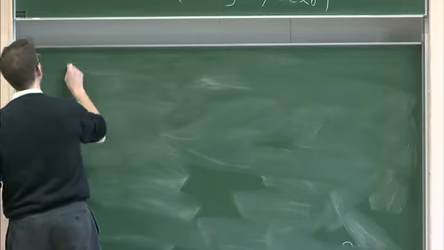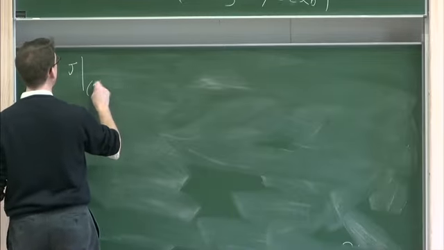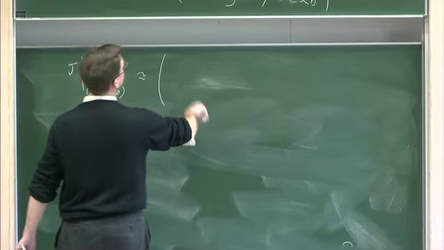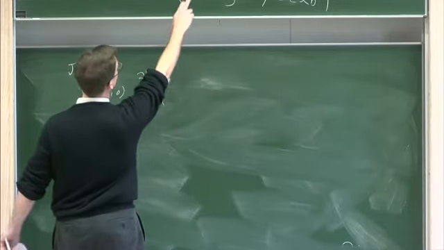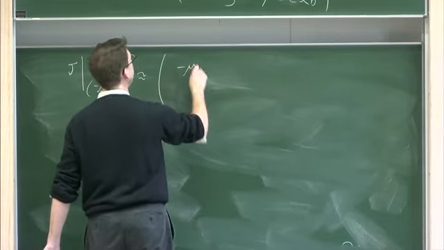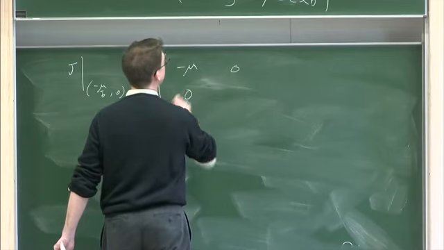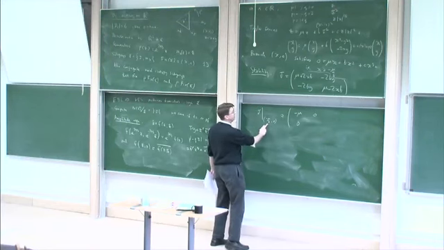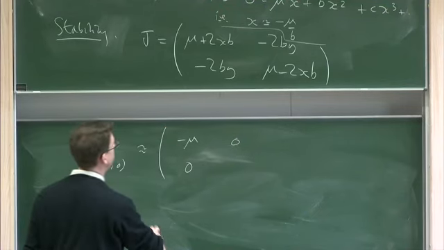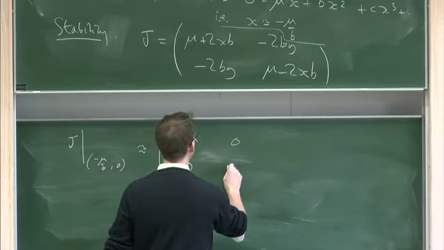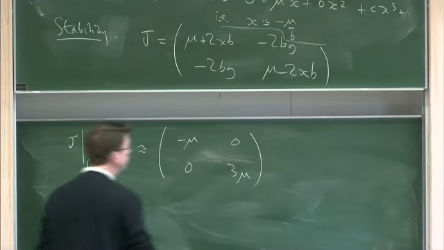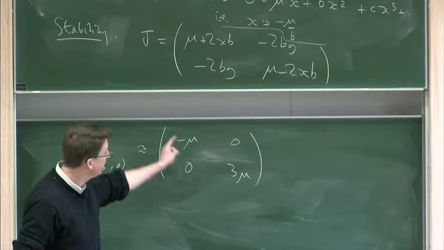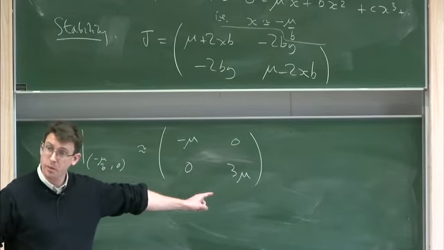J evaluated now at minus mu over b, 0 is approximately, for small x, minus mu in that corner, the zeros here, and then that x is minus mu over b, so that's mu plus 2 mu, so that's 3 mu. So for all non-zero mu, I have eigenvalues of opposite sign.